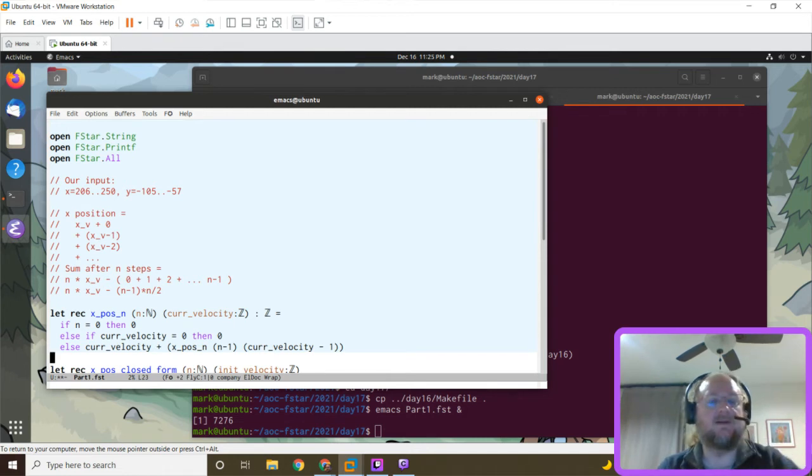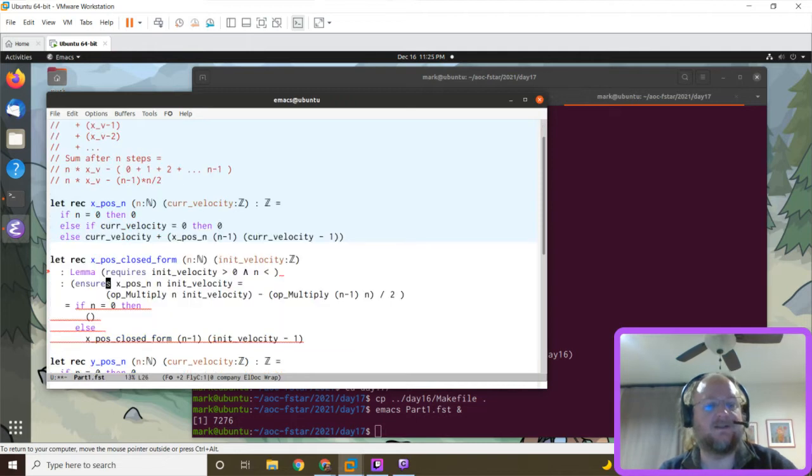So the stopping time is when this quantity equals the initial velocity. So when n minus 1 times n, oops, I use op multiply. Today might be a good day to import that module that makes star the multiplication operator.